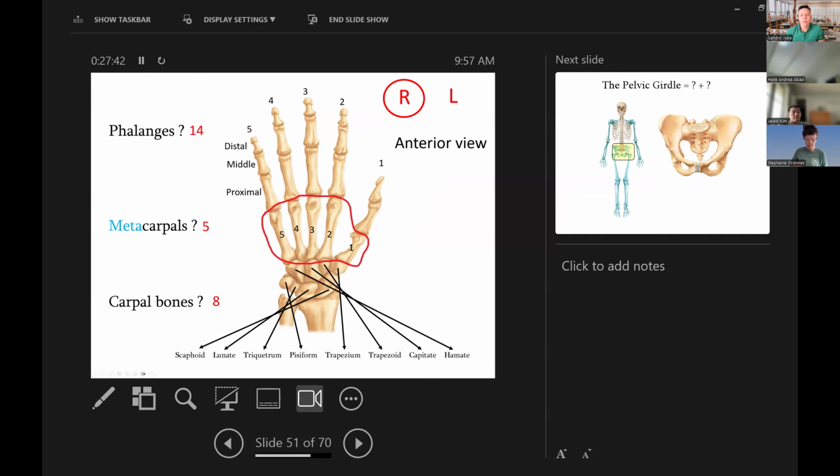There is no middle phalange for the thumb, okay? So how do we name them, folks? Does anybody want to, the folks that are in the lab, anybody want to take a guess? Let's look at this one right here, okay? Number 5 here. Can you name this bone?